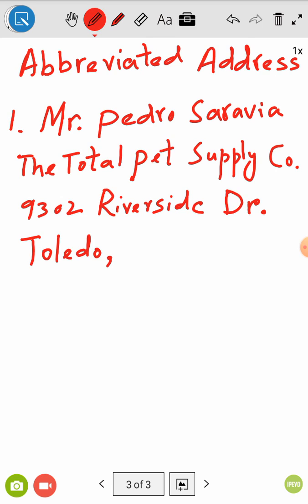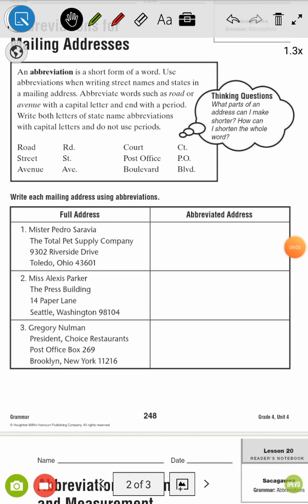Now it's the name of a state. We can put both letters as capital but not followed by a period. So capital O and capital H. So it will be 43601.